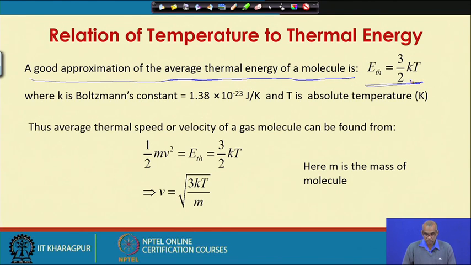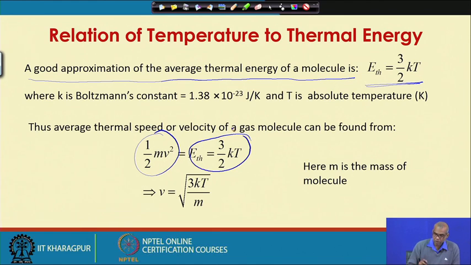Now, if I know the average thermal energy of a molecule, I can find the average thermal speed or velocity of a gas molecule by equating this thermal energy with half times the mass of the molecule times the average velocity squared. So, half m v squared I will equate to the average thermal energy 3/2 kT.